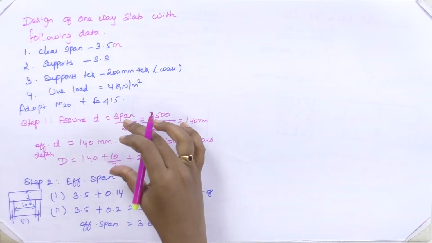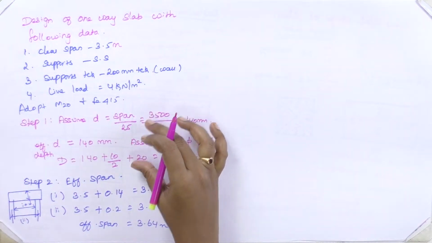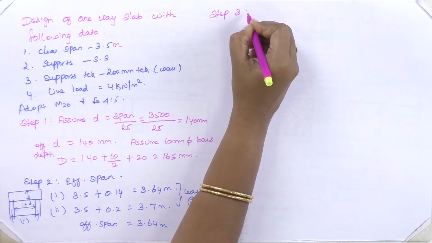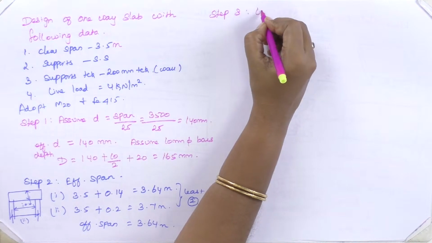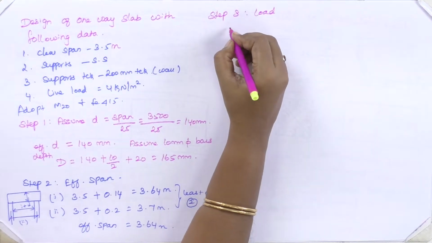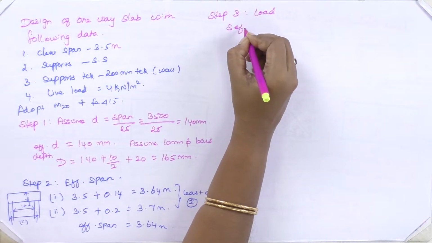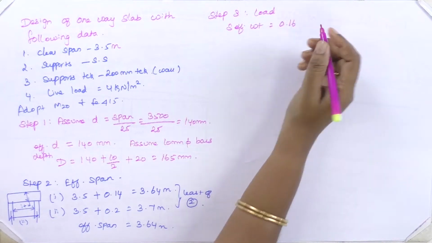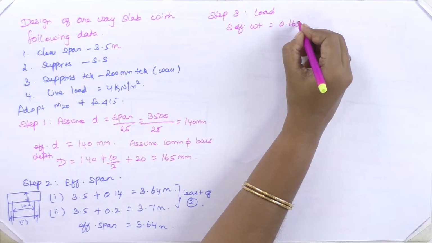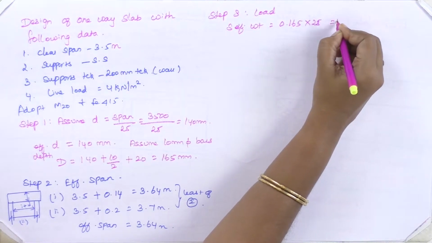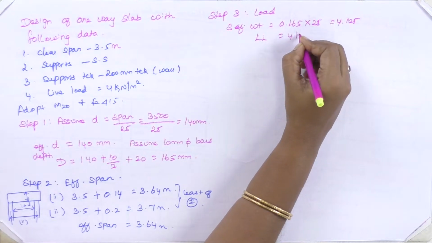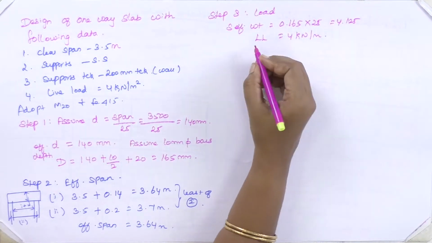Then after calculating the depth and the effective span, we go for step 3. Step 3 is loads. Self weight is equal to the thickness of the slab into 25, I'll get around 4.125. The live load is equal to 4 kilonewton per meter. Finishes is equal to 1 kilonewton per meter.